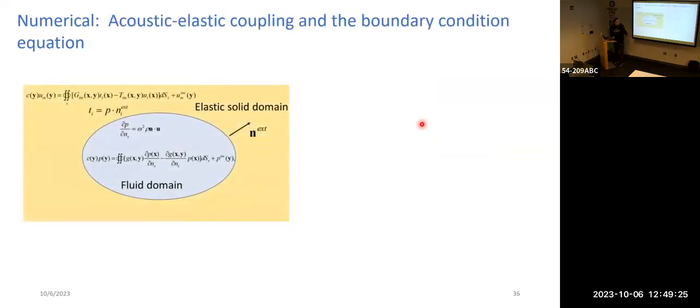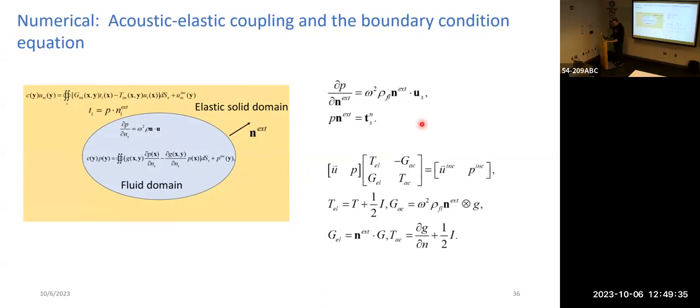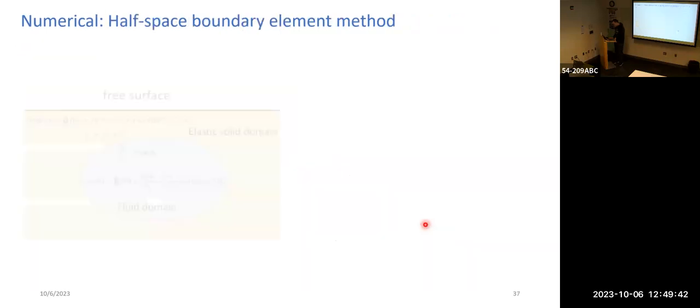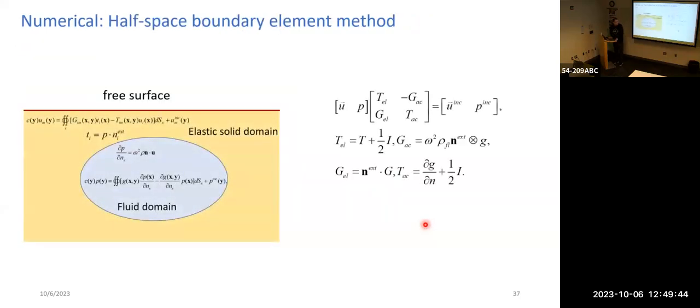And that is the basic equation of motion for the fluid elastic coupling for the boundary element. And with the boundary condition, finally, we can convert the boundary integral equation to a linear algebra problem. And when we add the free surface, actually, we just need to replace the traction Green's function and the displacement Green's function in the elastic body by the half space traction Green's function and the half space Green's function.